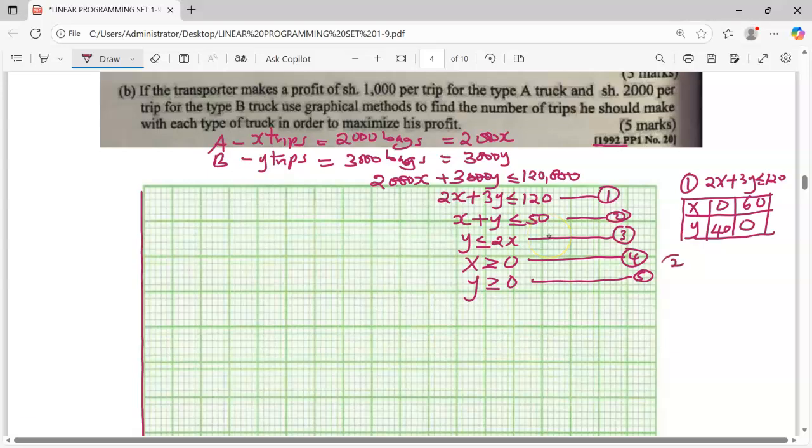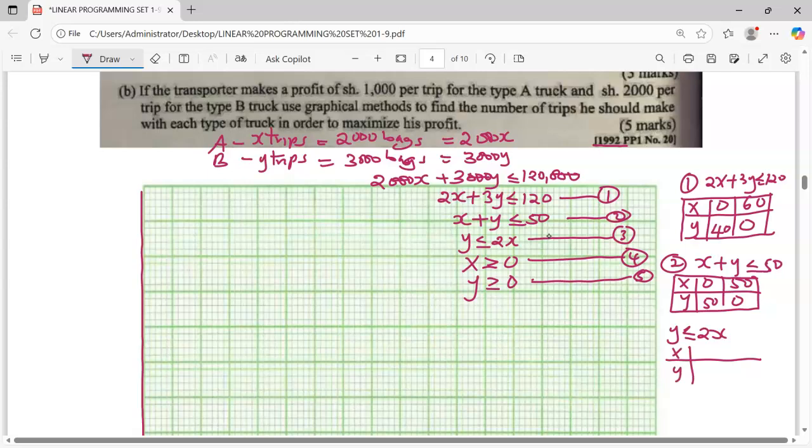For the second inequality, that is x plus y less or equal to 50, again we can draw a table having x and y and assume the value of x is 0, y becomes 50. And if y is 0, then x is also 50. Then we go to the third one where y is less or equal to twice x. We make a table having x and y.